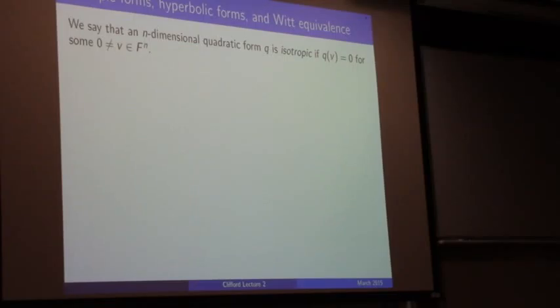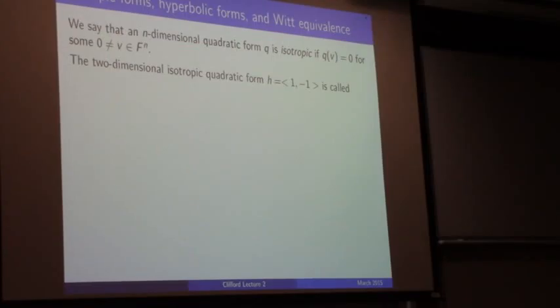So as I said before, if Q of v is 0 and v is a non-zero vector, we say that this vector is isotropic. And the form itself, if it admits an isotropic vector, is called an isotropic quadratic form.